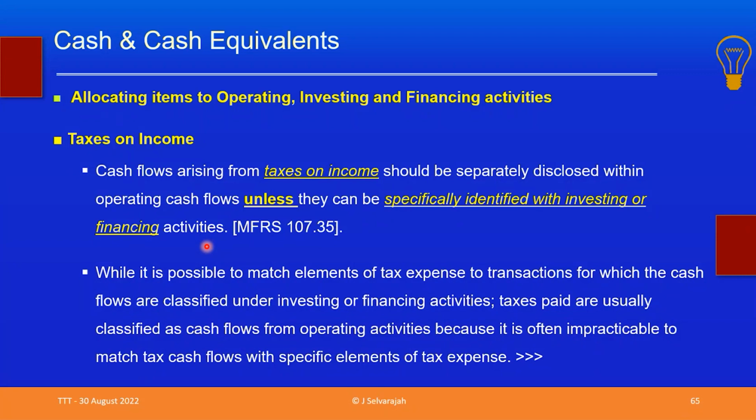First, it's cleaner, it's easier to understand, because the amounts involved on the others normally are nowhere as significant as income tax. Income tax, if the company is big, will always be significant. Now, where it is possible to match the element of tax expenses to a transaction for which the cash flow are classified under investing or financing, taxes paid are usually classified as cash flow from operating, because it's often impracticable to match cash flow to whichever element.